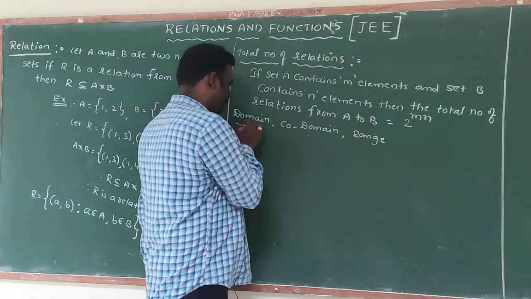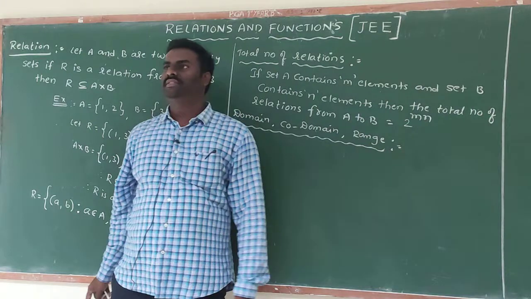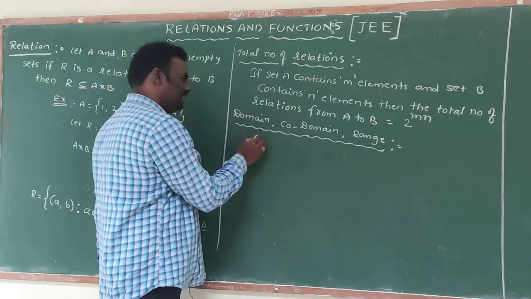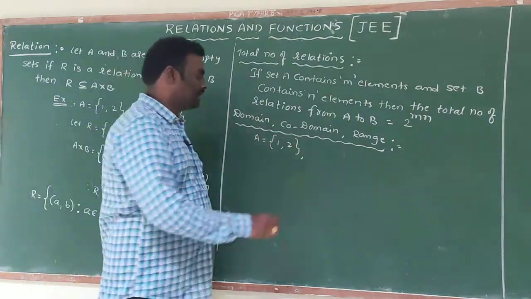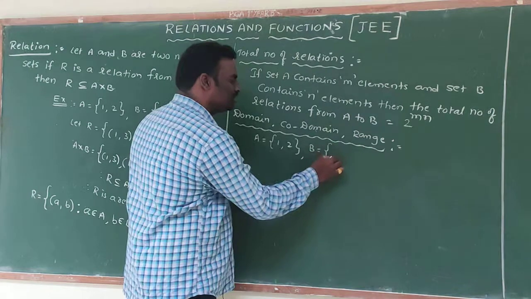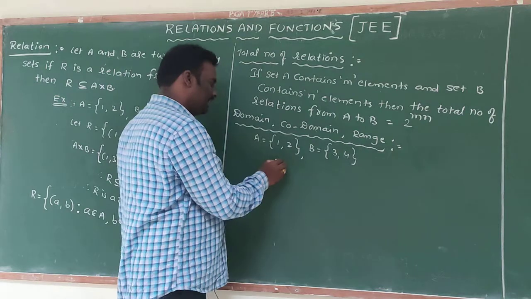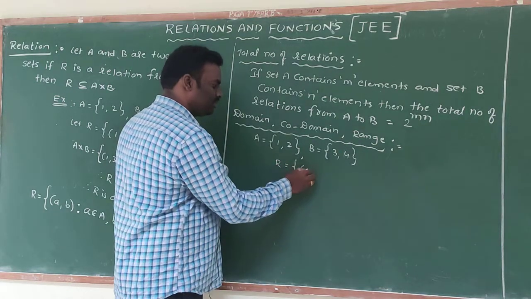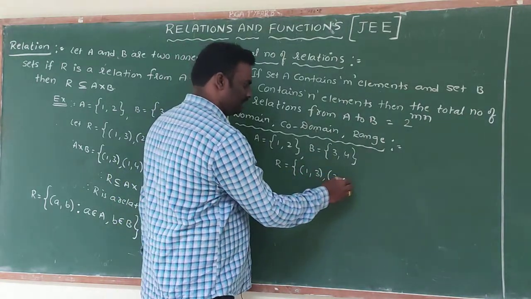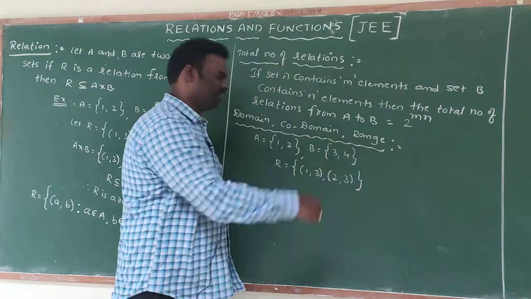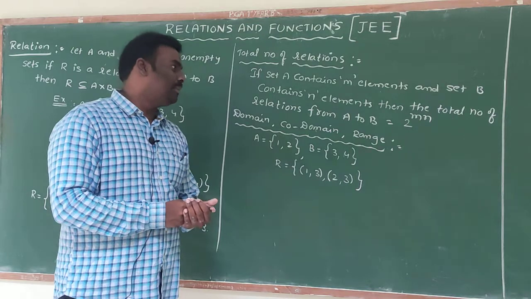Listen, if set A contains two elements 1, 2, set B contains two elements 3, 4, and here I am taking R equals (1, 3), (2, 3). Now, what is meant by domain, codomain and range?